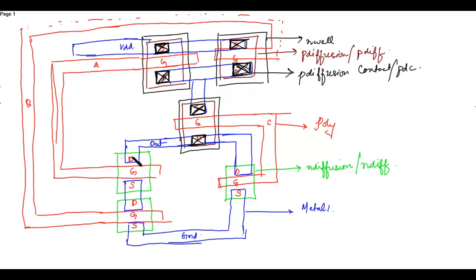Similarly, we have to place the N diffusion contact, since we have to connect the metal layer with the N diffusion layer. So this is the N diffusion contact. Similarly over here, wherever there is a connection between the metal layer and the N diffusion layer, there we have to place the N diffusion contact.